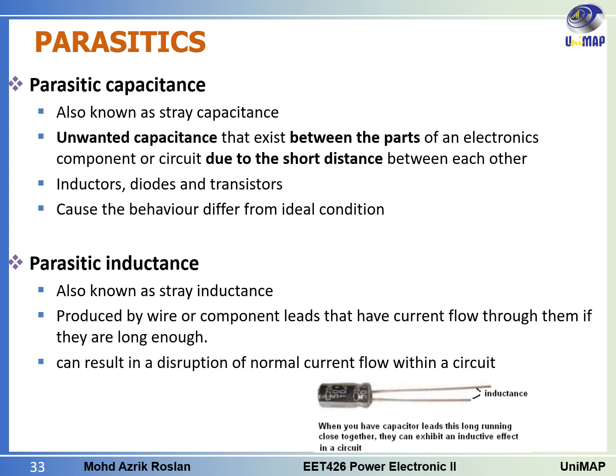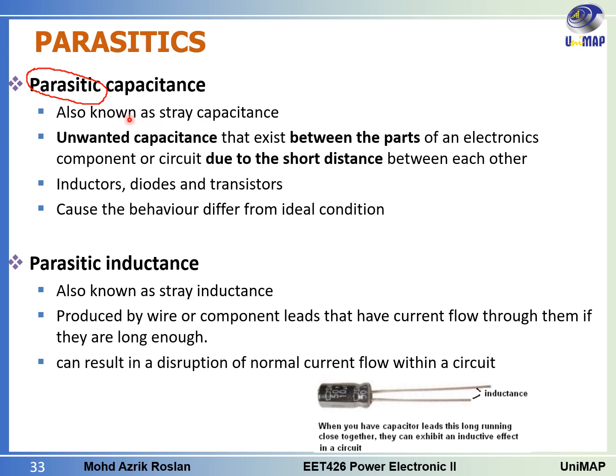Okay, this is the final part of this lecture. In this part, I want to explain to you about the parasitic components, or parasitic capacitance and inductance, that can occur in a circuit. Okay, when we say parasitic, by the name itself, you know that this is some unwanted capacitance, or stray capacitance.